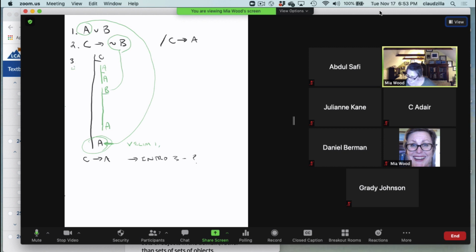So 4 and 5, 6. Line 7 now tells you, or at line 7, you're in a position to say, hey, I need to work line 2. I haven't worked line 2 yet. Look, I can affirm my antecedent. So I can derive not B.